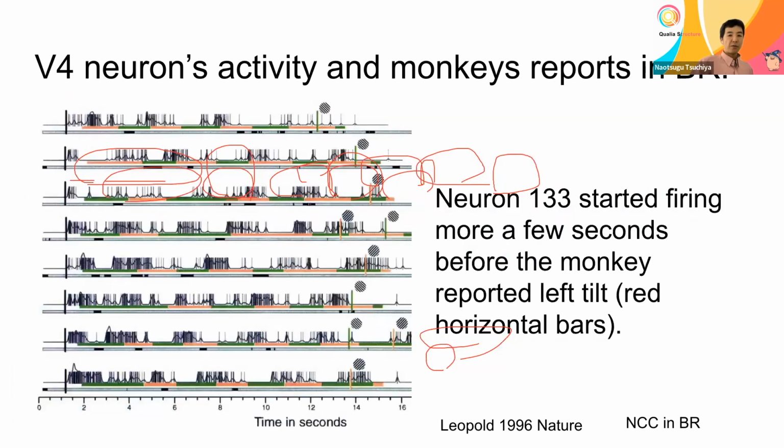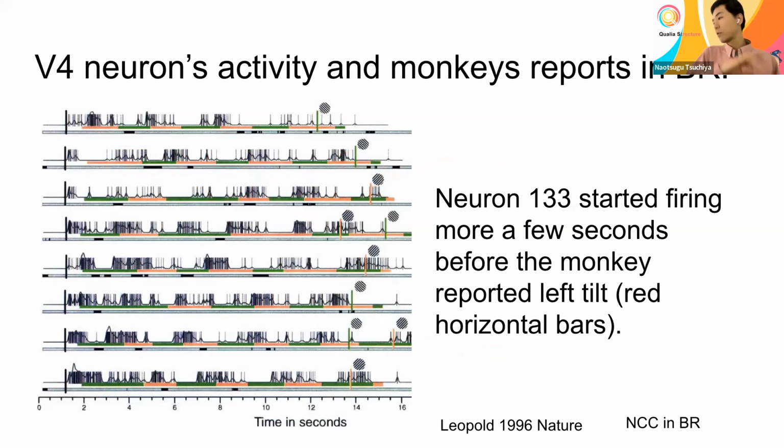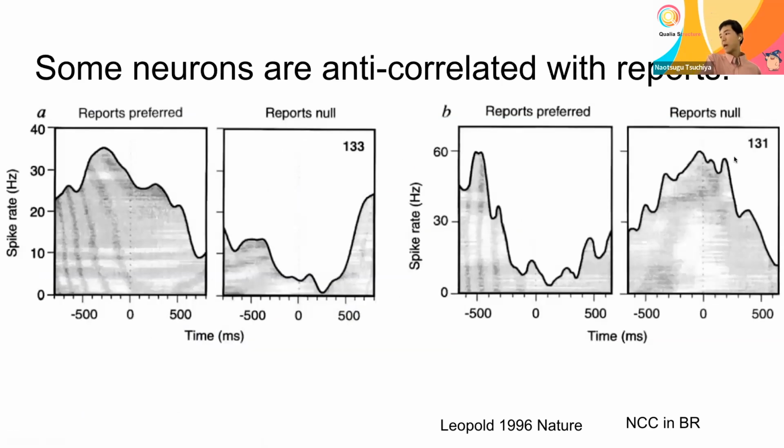By doing this kind of experiment quite extensively, they recorded the same neurons over trials, and found that this particular neuron started firing more a few seconds before the monkey reported the left orientation. This is the average over many trials.